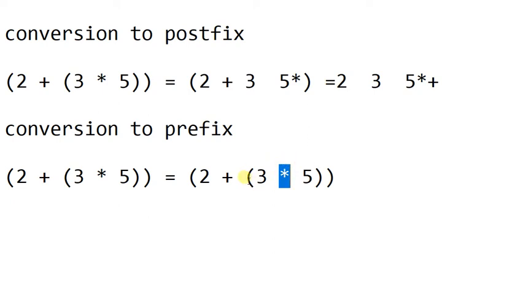So it will become this way. Next we have two operands, this one and this one, and we have to remove these outer brackets. So we move this operator outside of this expression and write it at the start of the first bracket. So it will become like this, and we remove these brackets.